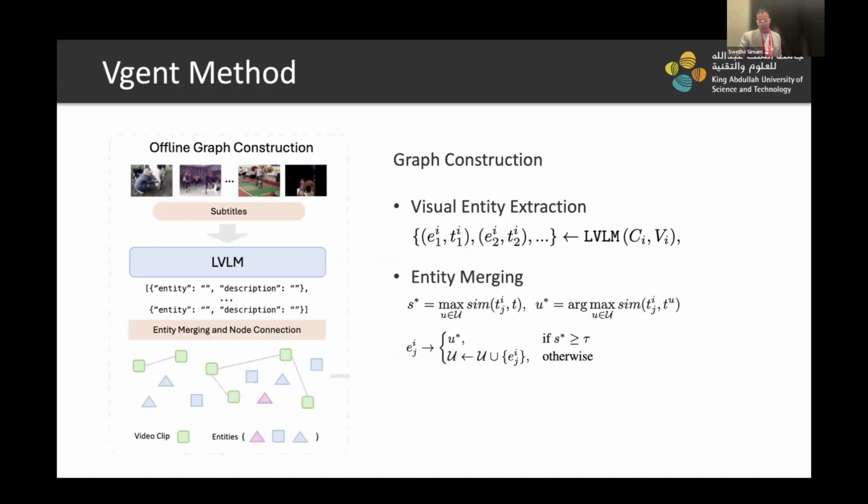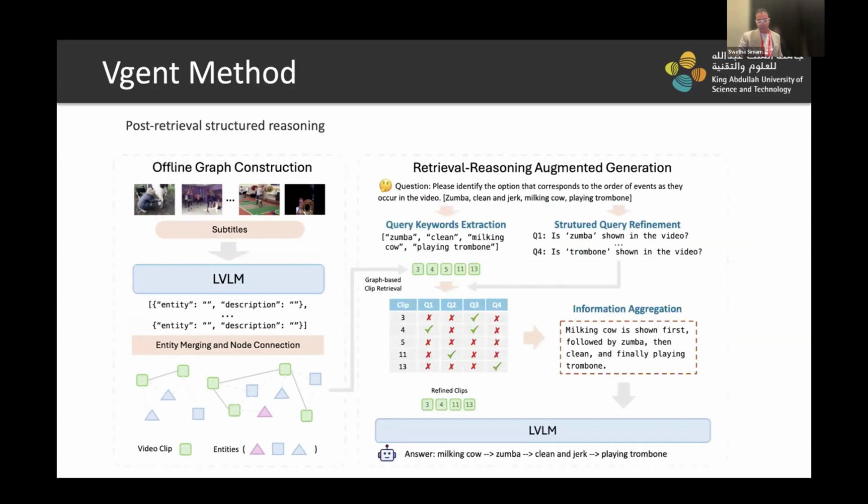So in contrast to earlier work, we do some construction of a visual knowledge graph, which is extracting entities in the videos. And basically, we merge these entities. These entities include objects, actions, and so on. Then, at this time, given a question, we retrieve the information based on the entities rather than the frames.